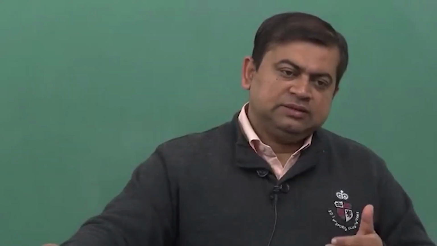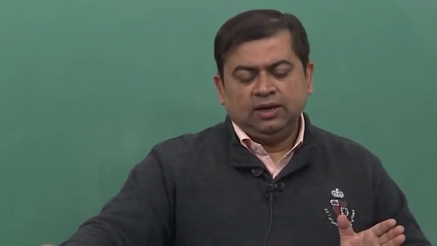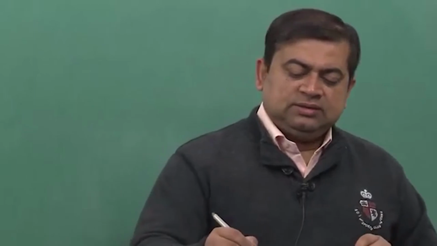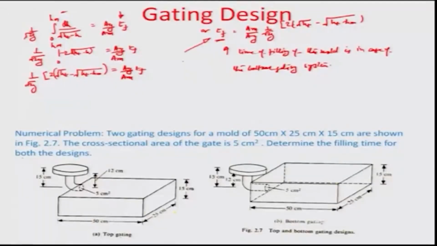So, there would be a higher level assumption that we have to take, and probably a higher model which we have to investigate when we talk about what would happen if there is a lot of friction between the metal stream and the side walls. But as of now, this assumption gives a good thumb rule estimation of the total time of filling of the mold, and we will go into some numerical problems and see how these would vary time wise or value wise if we go from a top gating to a bottom gating system.